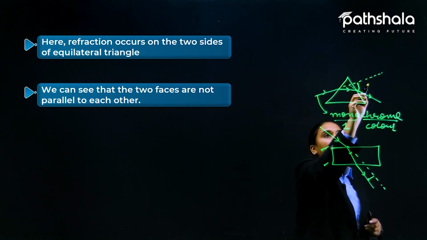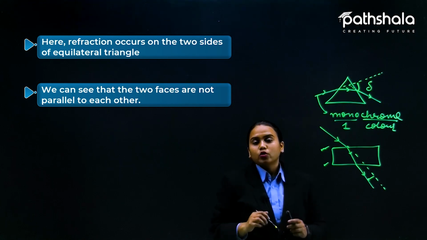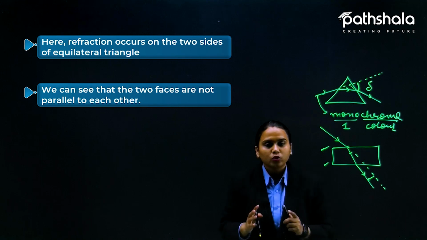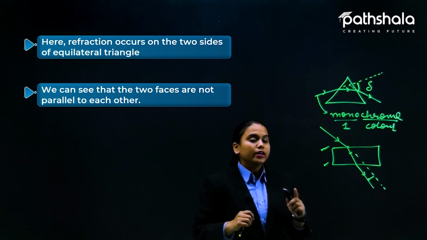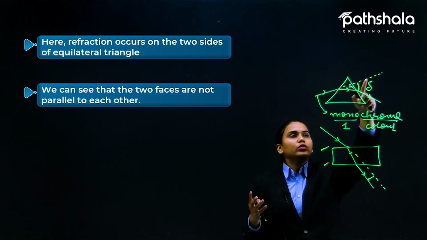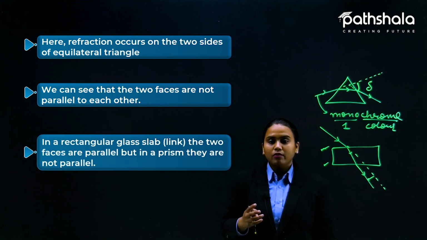This is known as the angle of deviation, and it is shown with this symbol. Okay, so we can see that the two faces here are not parallel to each other. So the light ray that is getting out is also not parallel to this one. That is making a certain angle, that is the angle of deviation.